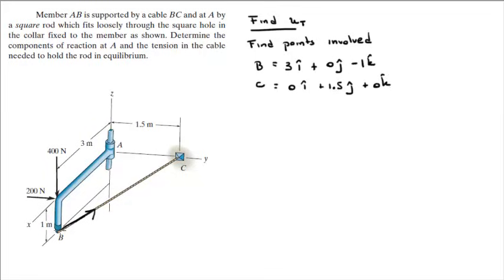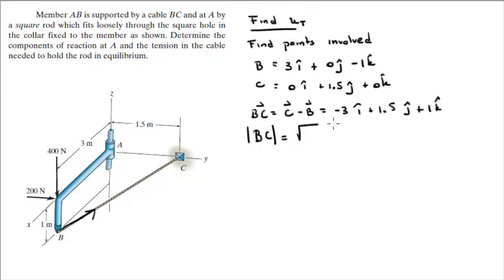So to find the vector that goes from B all the way to C, you basically do BC is found by doing C minus B. These are all vectors. And that is equal to minus 3 in the I, plus 1.5 in the J, plus 1 in the K. So now that we have the vector that goes from B to C, we've got to find its magnitude.